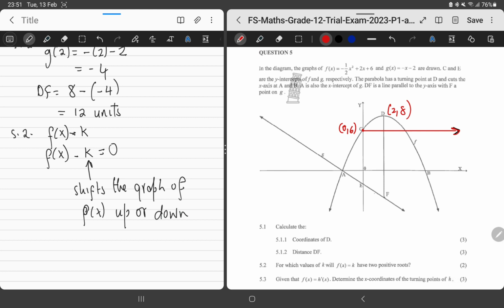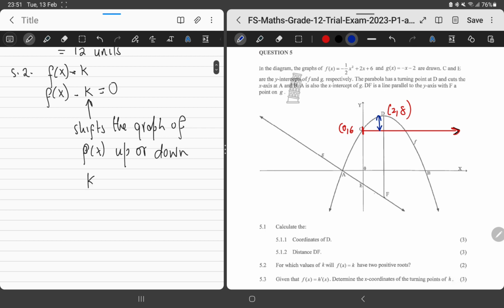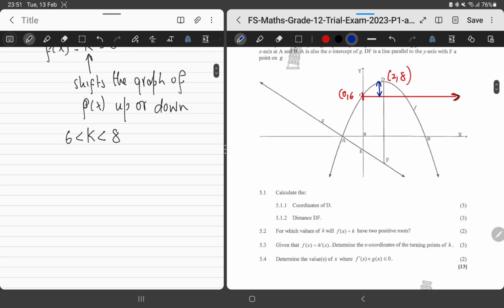It is responsible for shifting the graph of f up or down. But it must do that from this point to the right, because the minute that I touch and cross over to the other side, the root will be negative. So I must focus from point C going to the right. This means that my solutions will lie in between there. k will lie between 6 and 8.